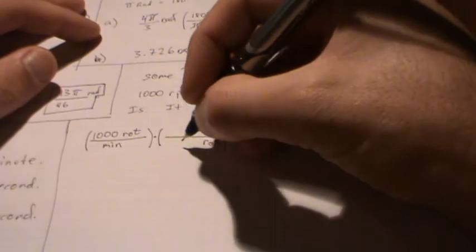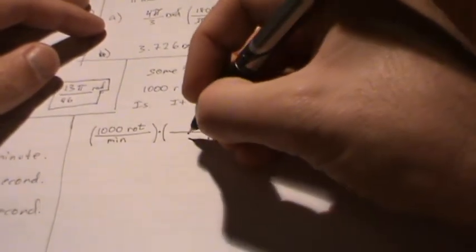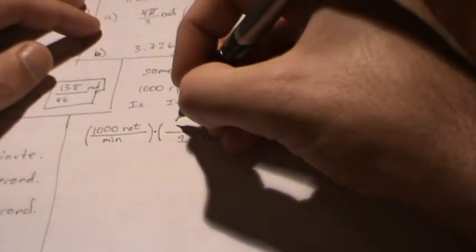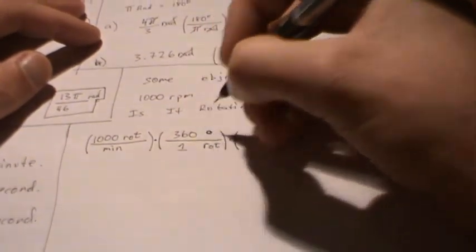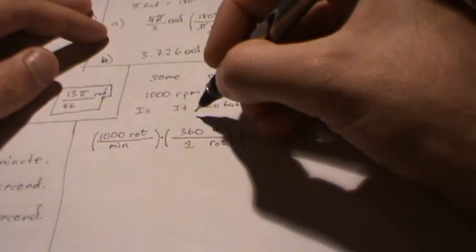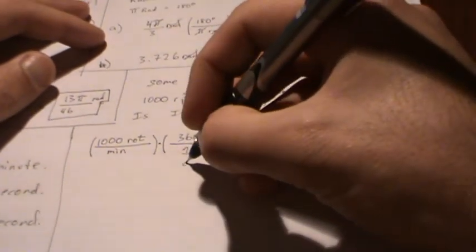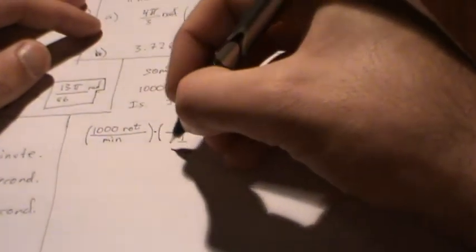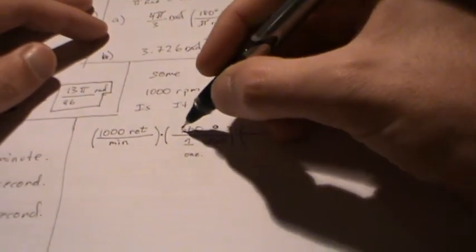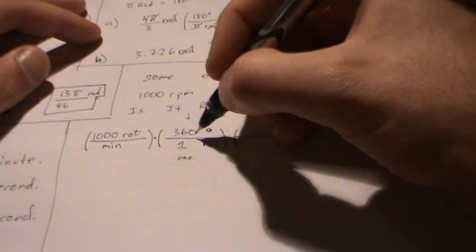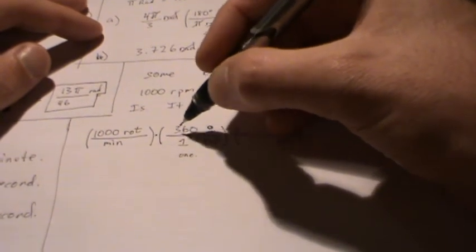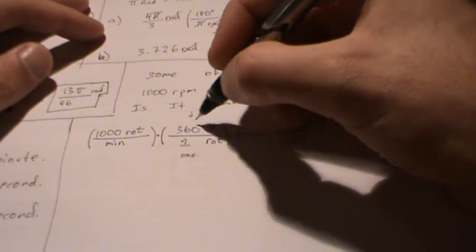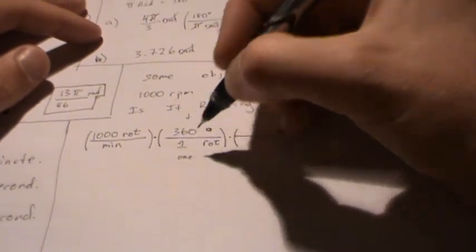So now, one rotation is 360 degrees. You have to make sure that this entire fraction is equal to the number 1. The only way to make an entire fraction equal to 1 is to have the same amount of stuff on the top and the bottom.